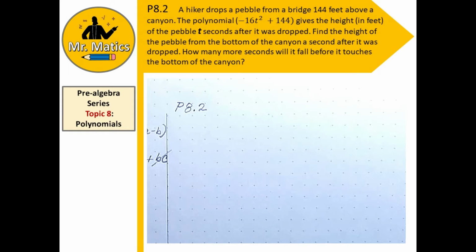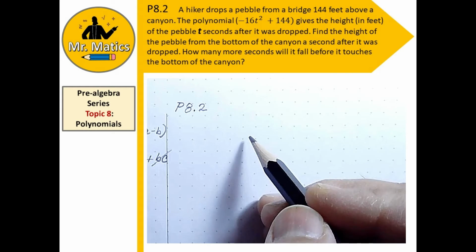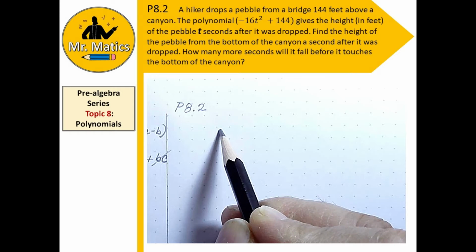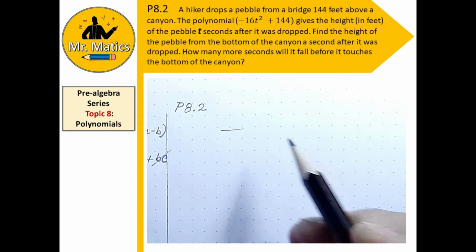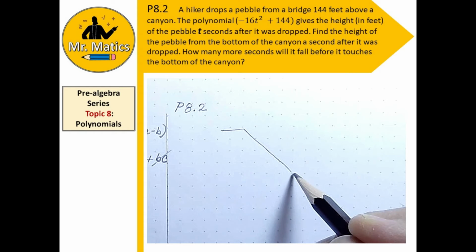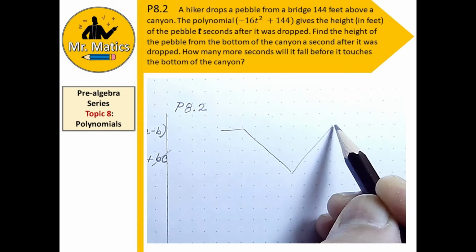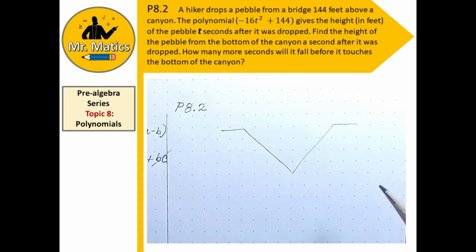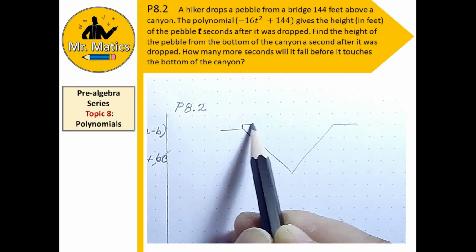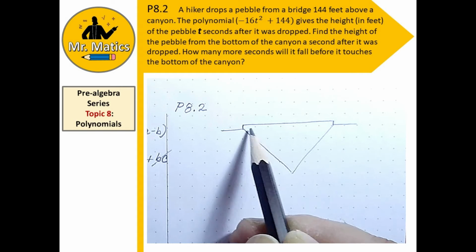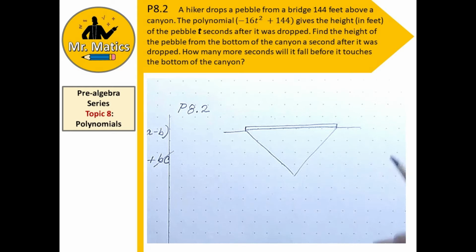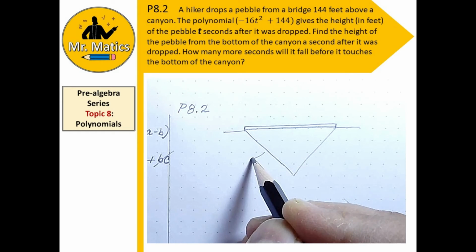So it basically has two parts, but let's first understand the problem. So there was a canyon. I'll just draw it simply. And there was a bridge. So this is your canyon.